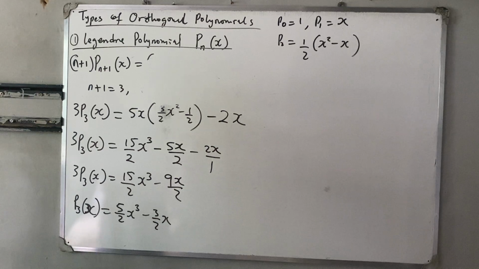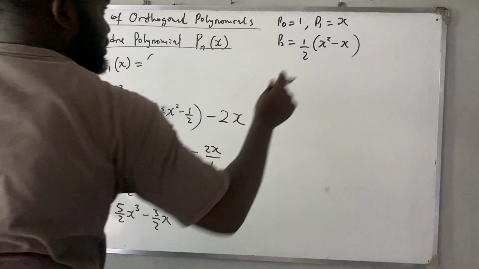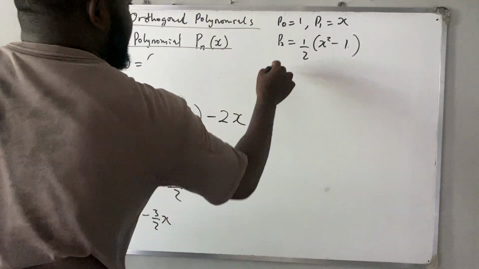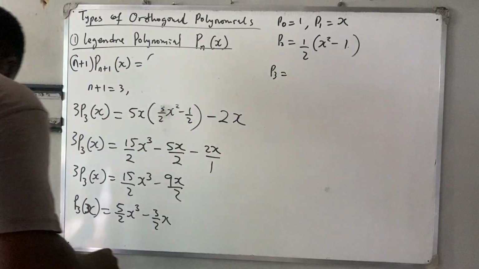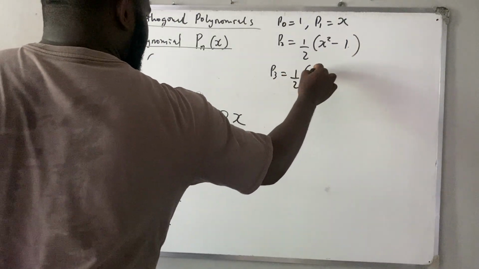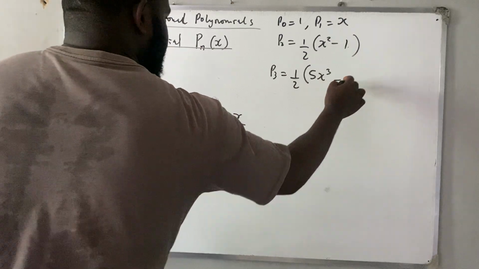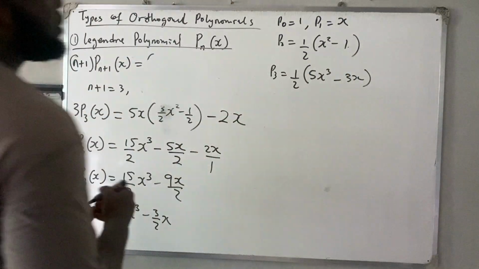Let me write it again. So our P2, okay, 1 over 2. This is 1 here. Okay, and then P3 is equal to 1 over 2 again into 5x cubed minus 3x. Okay, so we have this.